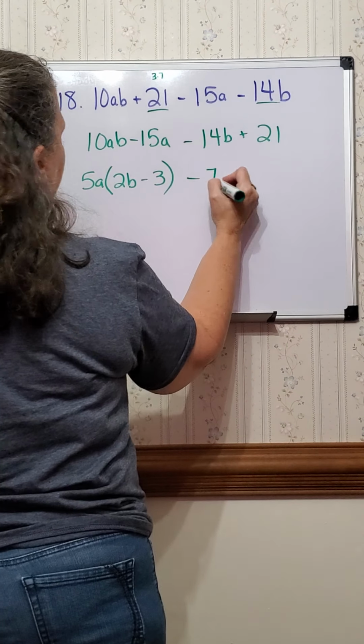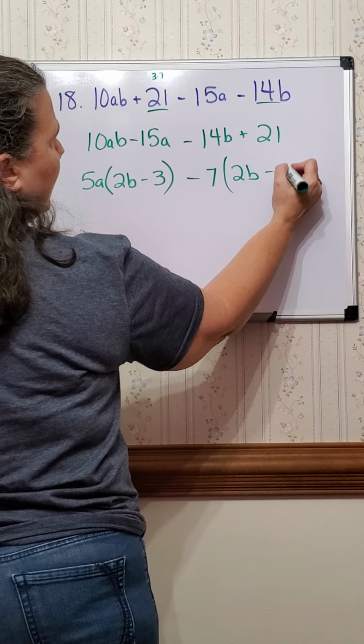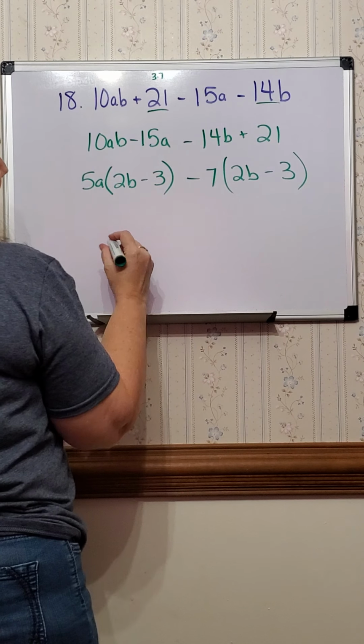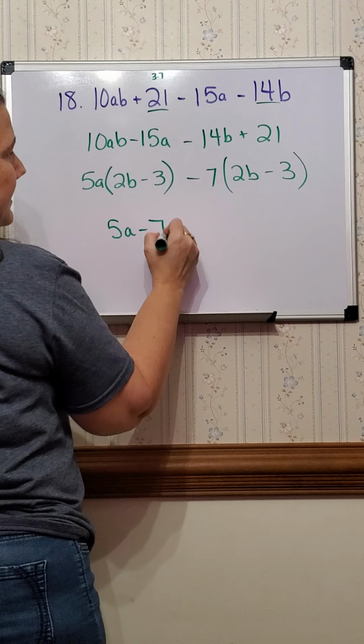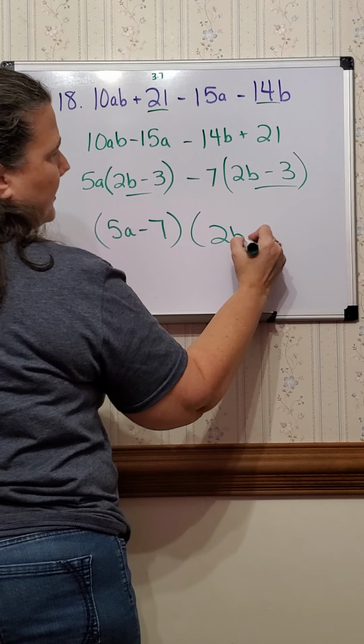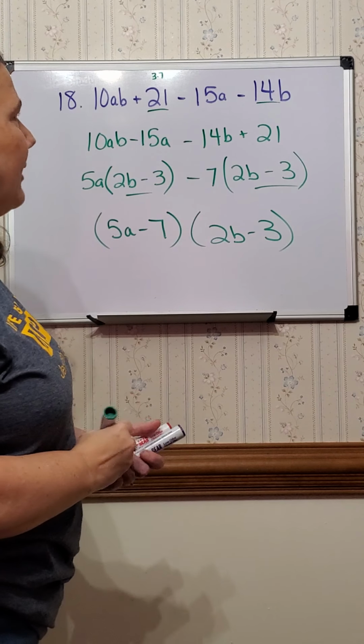And I'm going to pull out a negative 7 here, which is going to leave me a 2b minus 3. Notice I have a 5a minus 7, and both of these again are the same, which is exactly what I want to happen. So I have factored that one out.